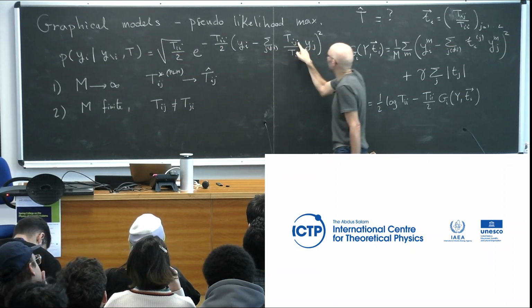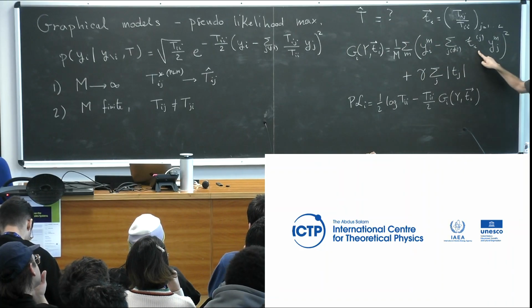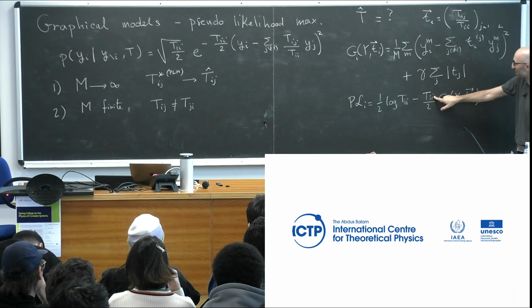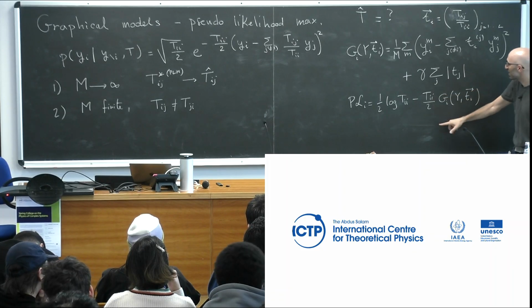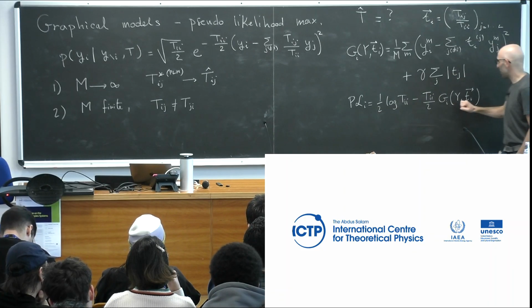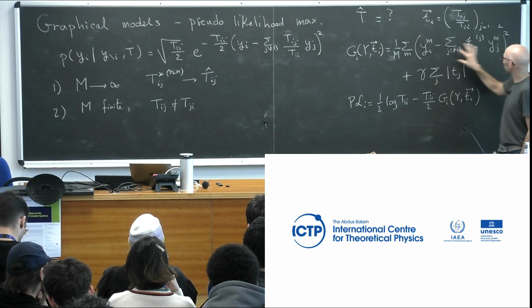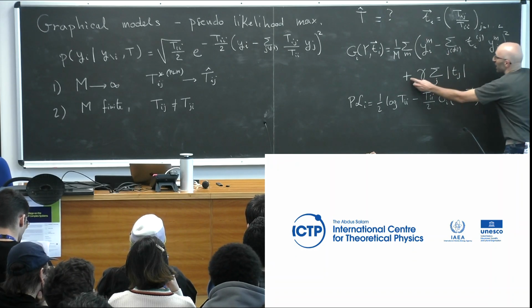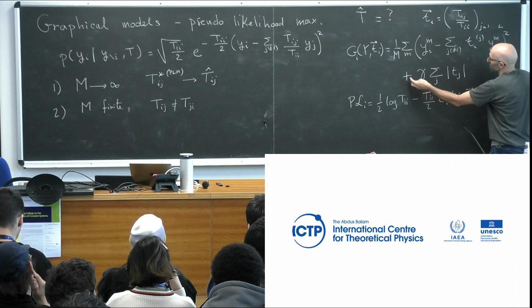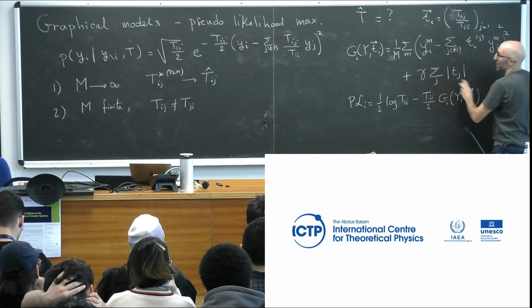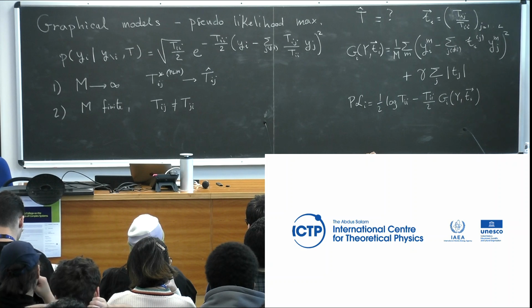So the off-diagonal elements appear in G. So maximizing this, because there is a minus sign and this is a positive definite matrix, means minimizing G. So I want to minimize G. So if I want to regularize the problem, I have to add the penalty for non-zero T. So I put a plus gamma because I have to minimize G. Okay.